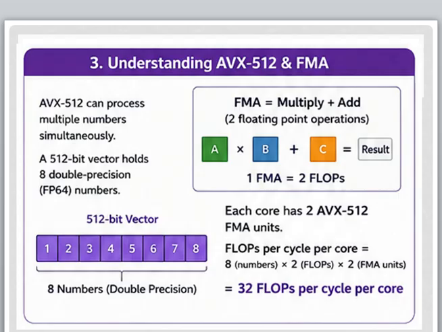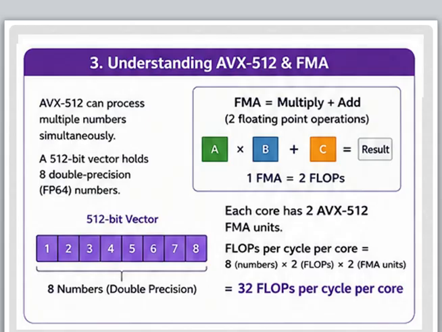In our example, the Intel Xeon Gold 6348 core contains 2 AVX 512 FMA units, as we can see in this picture. Therefore, each CPU core performs 8 into 2 into 2, which equals 32 floating point operations every cycle.